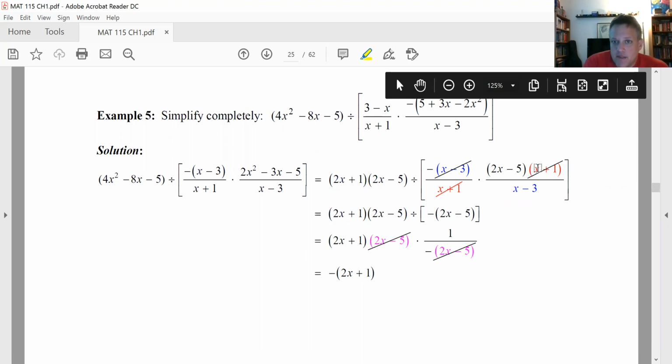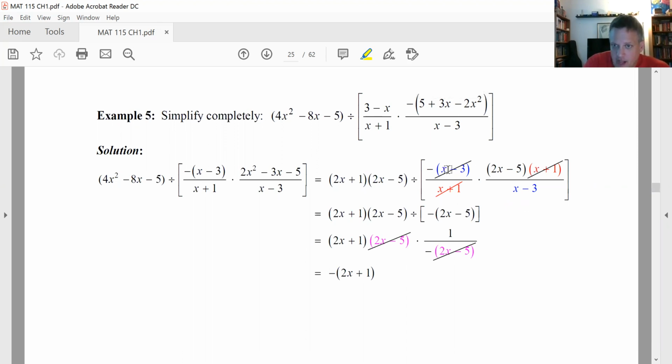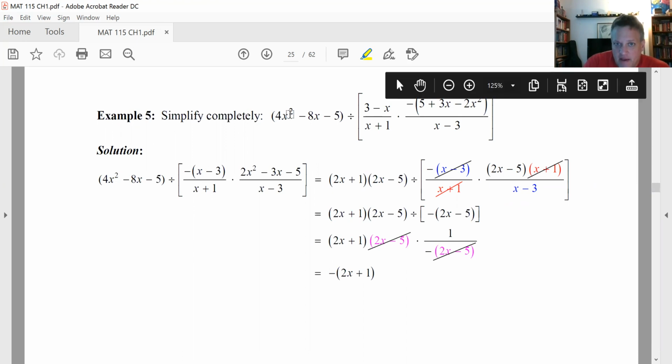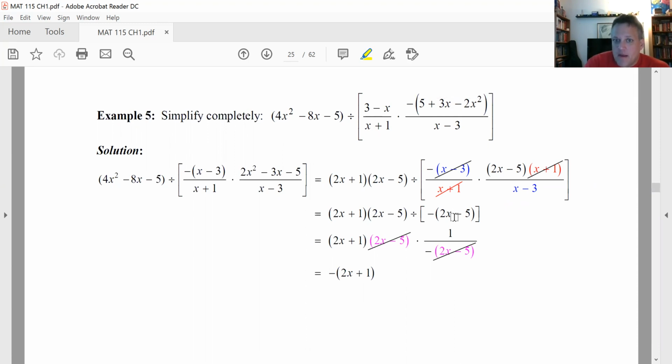And so the minute I do that, I can get rid of those pairs of factors. Then what I have left over is this guy, which factored is equal to this, divided by what's inside the brackets. Okay? But remember what I'm going to do, I'm going to do the multiplication and division left to right as it comes up. I can convert this over to multiplication by flipping it over, right?